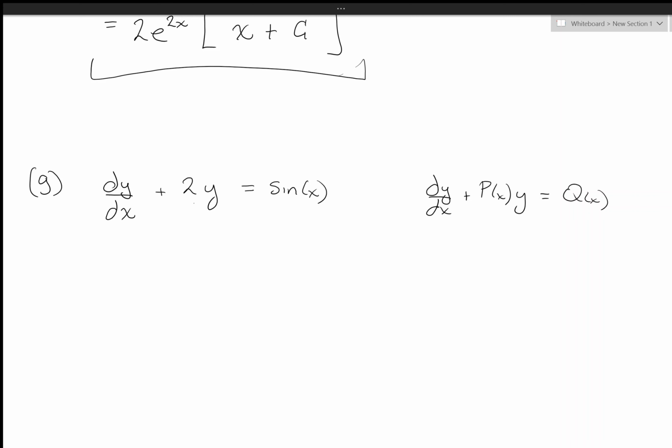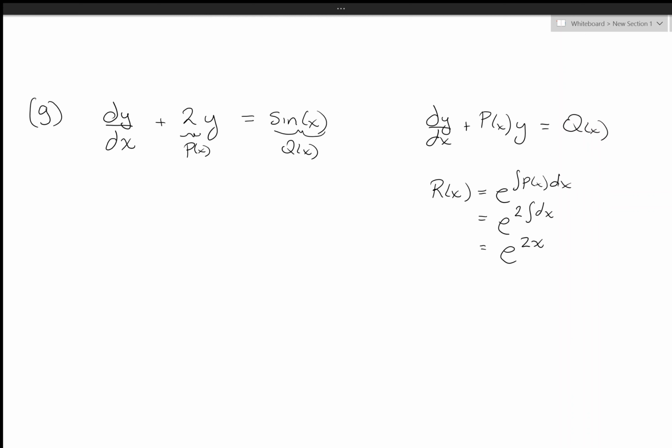So here's p of x, here's q of x. Okay, so our integrating factor is e to the 2x. And so when we go and we say, okay, now I'm going to solve directly.